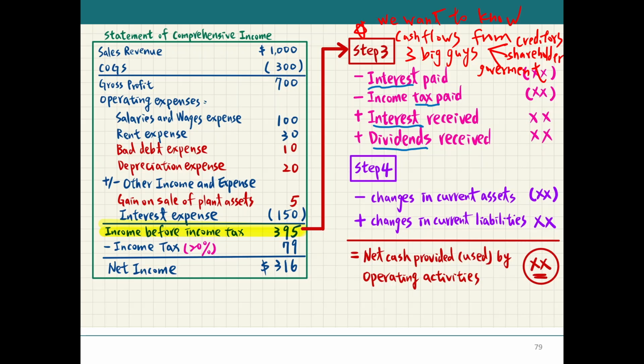No problem? So finally, after step 1, 2, 3, what is step 4? You got the formula, right? We got the formula from the indirect method. So what's the formula? Minus changing current asset plus changing current liability, right? So this is the formula we got from the indirect method.